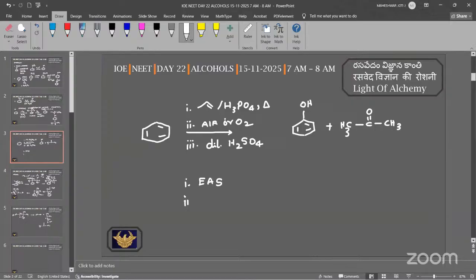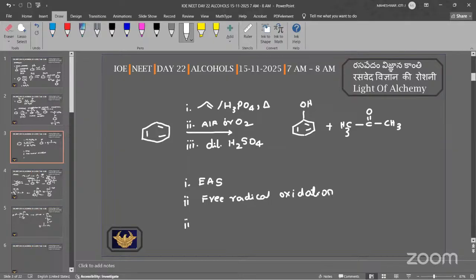The second reagent mechanism is free radical oxidation with aerial oxygen, right?